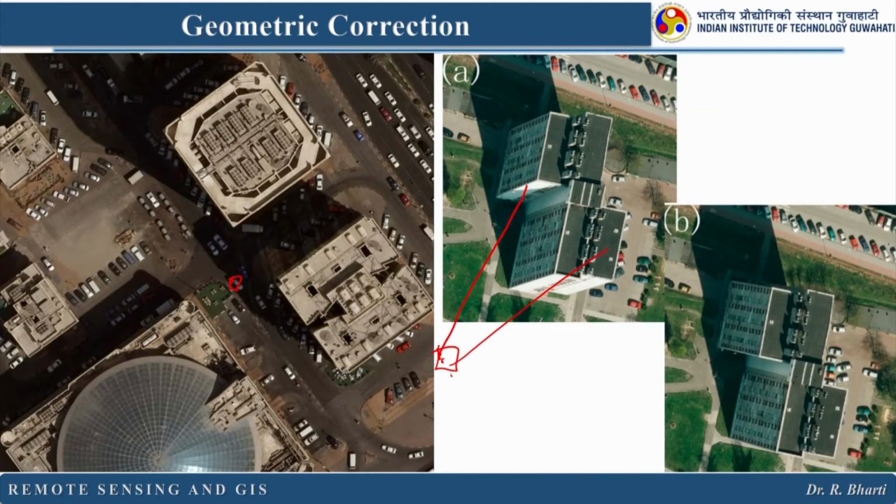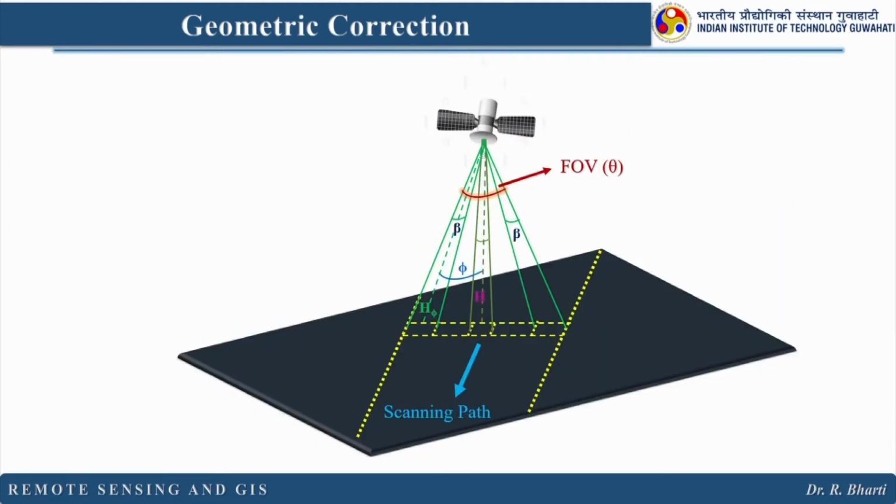This is another example. When you change the location of the satellite, your capture angle will be different. Now, you need to know how the IFOV, the nadir looking pixel and off nadir looking pixels are going to affect the measurement on the ground. Here you can see the field of view is defined with theta, and IFOV with beta.